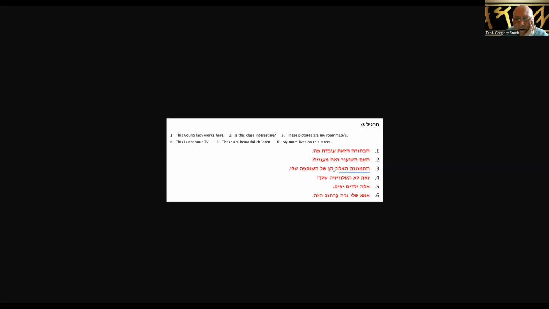Okay, look at this. Hen shel. They, it's like they belong. Hashotfa shali. Okay, so I did get the shotef and the shali right, but this part right here I didn't get. I didn't quite get that grammatically correct. So it literally says hatmunot ha'ela, the pictures, these. And then hen, which means they, feminine plural.